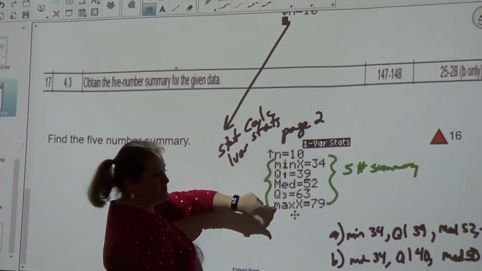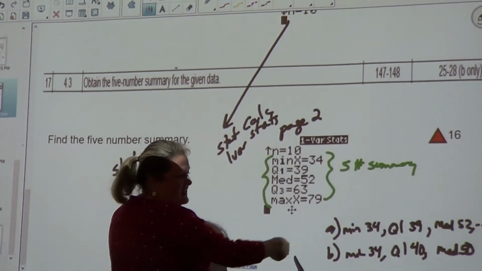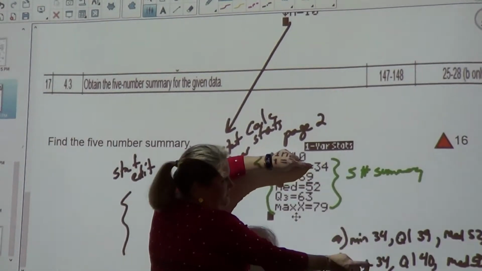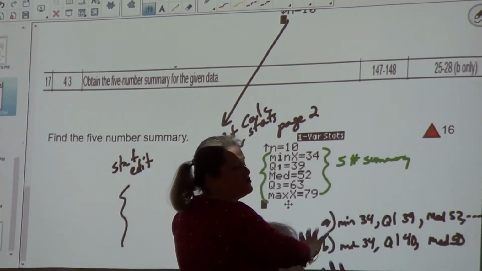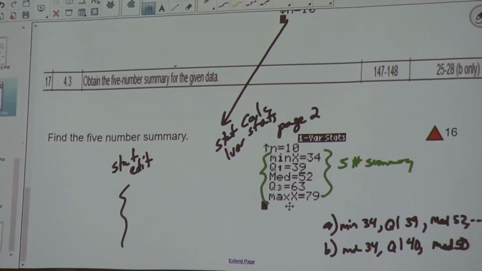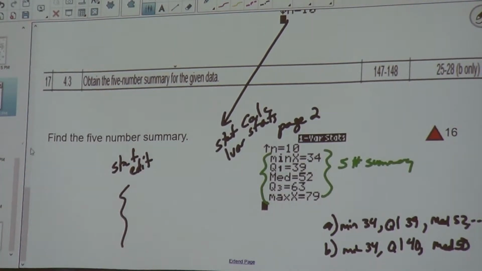Those are your 5-number summary. 34, 39, 52, 63, 79. And remember, it's multiple choice. They may all start with 34. They may all have a mean of 52, but you've got to make sure you pick the one that has everything correct. So both of those problems have the same steps. You're just looking for something different.